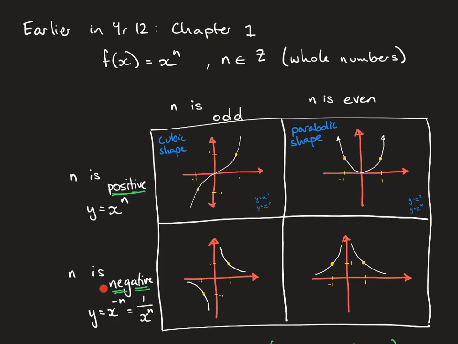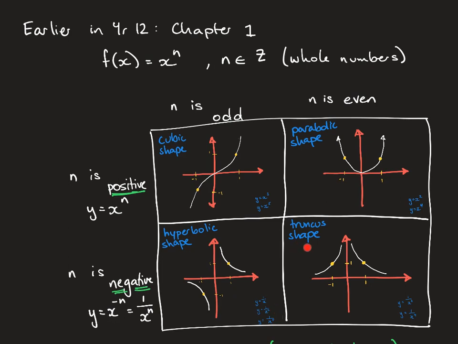If our power is a negative number, like y is equal to x to the negative n, then what we get is 1 on x to the n, which gives us our two functions here, our hyperbola with its hyperbolic shape, and some of the formulas for that are y is equal to 1 on x, y is equal to 1 on x cubed, y is equal to 1 on x to the power of 5.